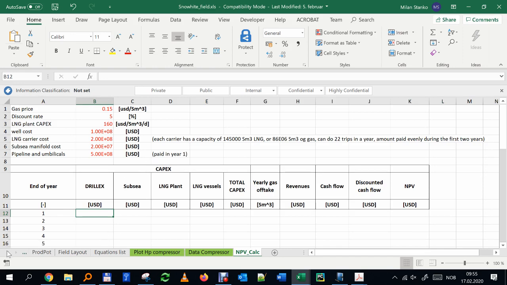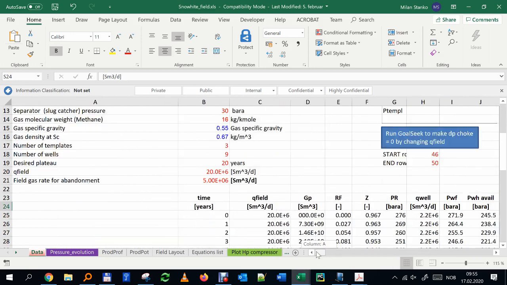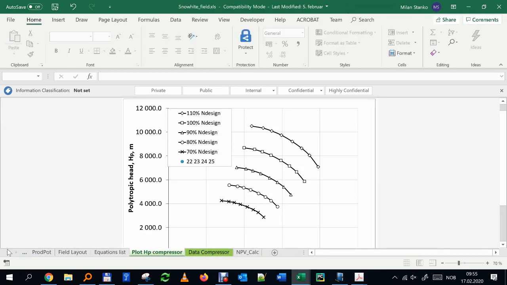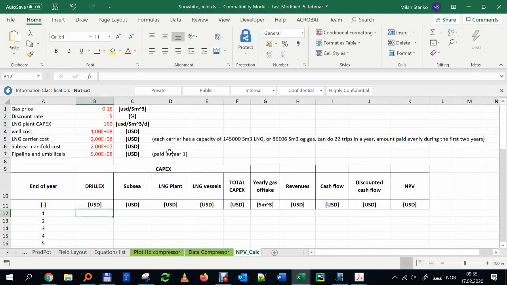How many wells do we have here? We had 9 wells. And I think here we had a constraint that each well, I think you can drill only 4 wells per year, I think. Okay?